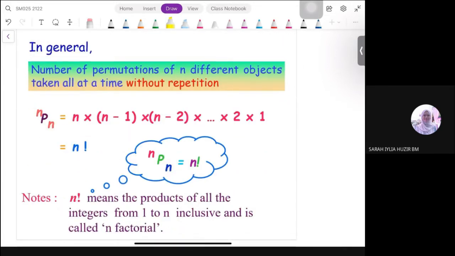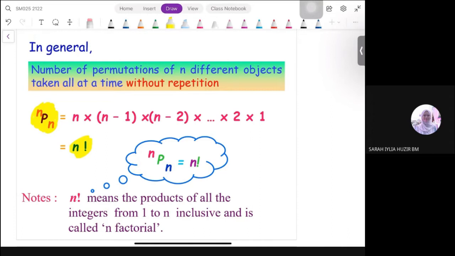Alright. So basically, when it comes to permutation without repetition, we will use the notation nPn if the number of arrangements is the same as the number of objects that we want to arrange. Okay, so nPn can be simplified as n factorial.